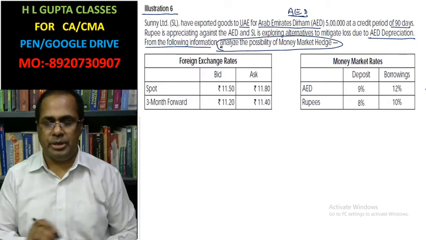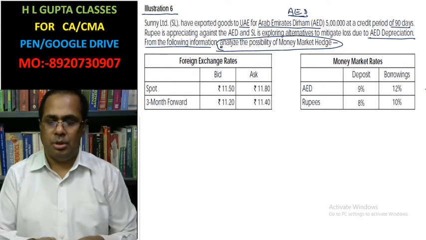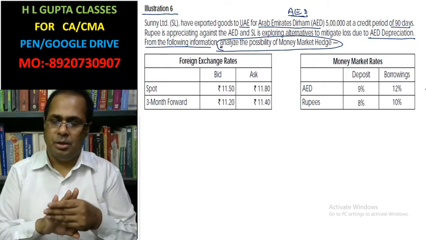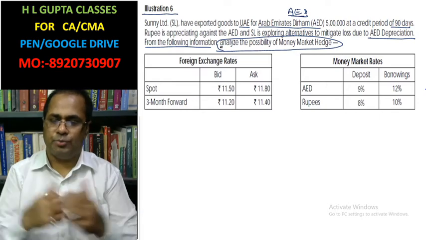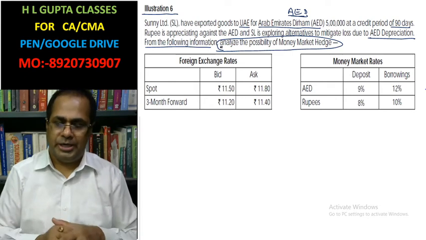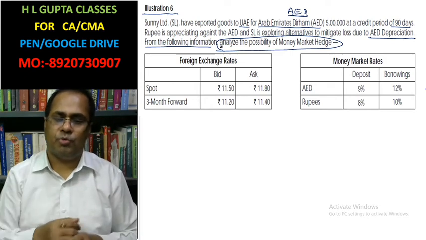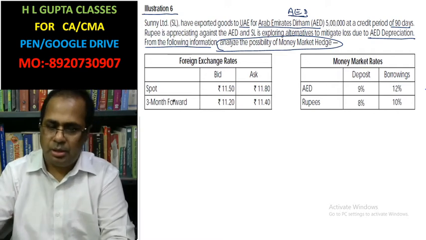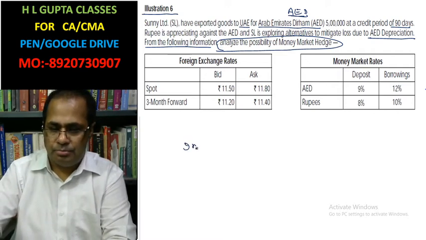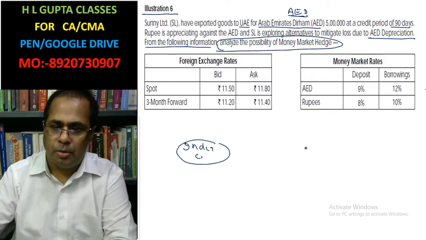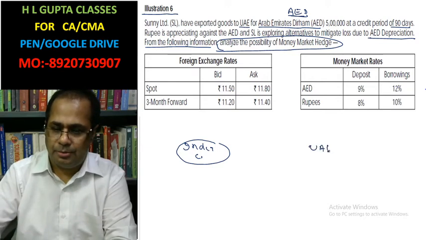In money market hedge, what you have to do? There are three steps. First, you have to borrow or deposit, exchange at the current market rate, and again deposit or borrow in the home market. Look here, there is an Indian company, Sunny Limited, and the other is a UAE company.